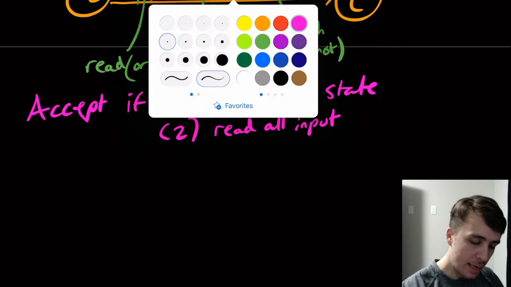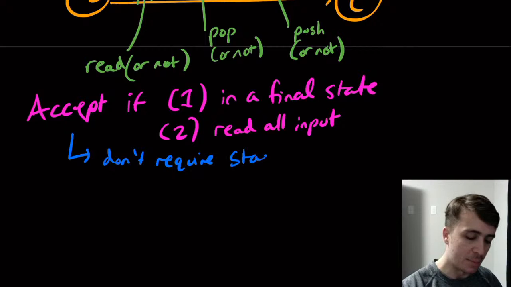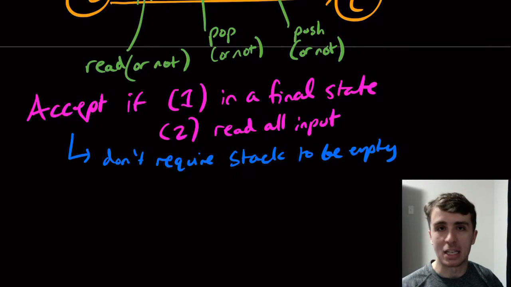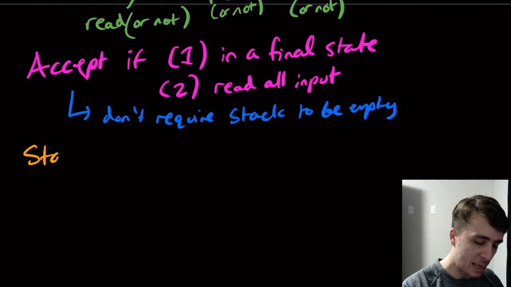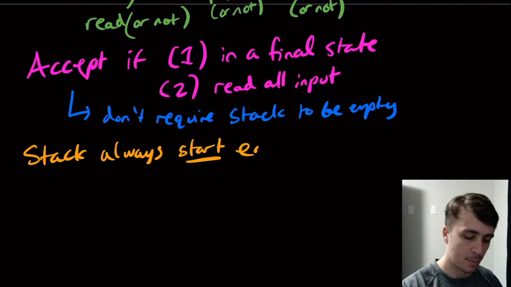But here, the consequence of this is that we don't, in fact, require the stack to be empty. We don't require the stack to be empty when it accepts. However, the stack will always start empty.